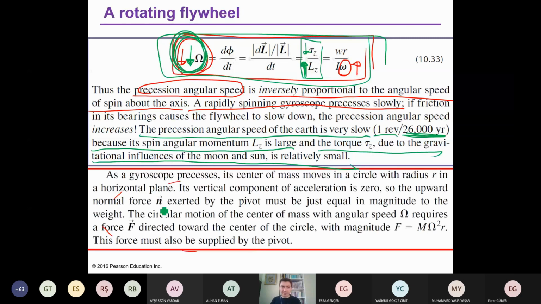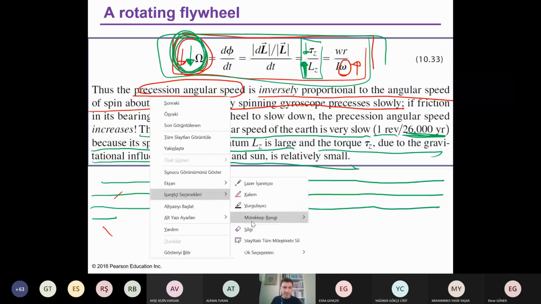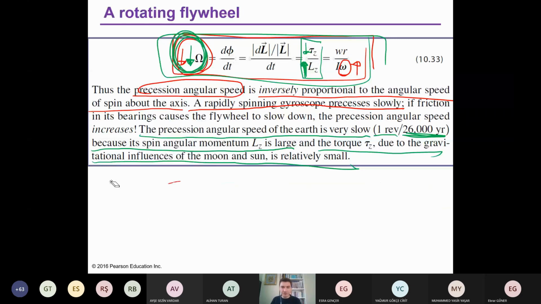And another result of this condition, let me discuss. As a gyroscope precesses, its center of mass moves in a circle with radius r in a horizontal plane. Its vertical component of acceleration is 0, so the upward normal force exerted by the pivot must be equal in magnitude to the weight. So this part is very important, let me discuss it. Let me try to draw the motion.